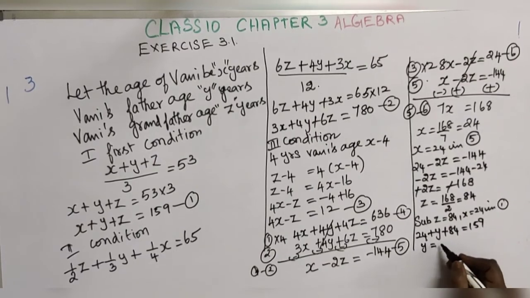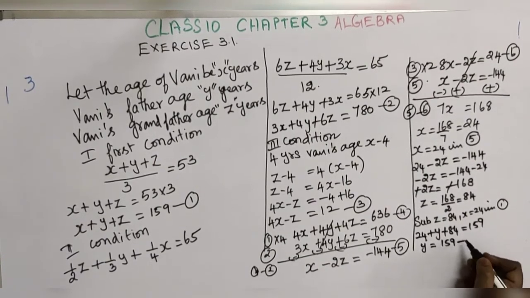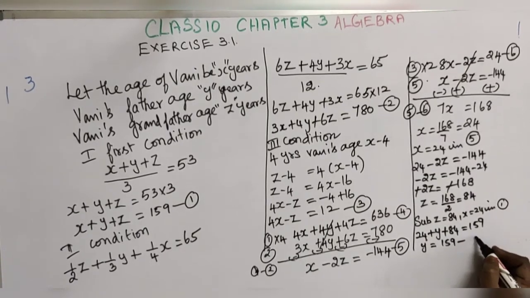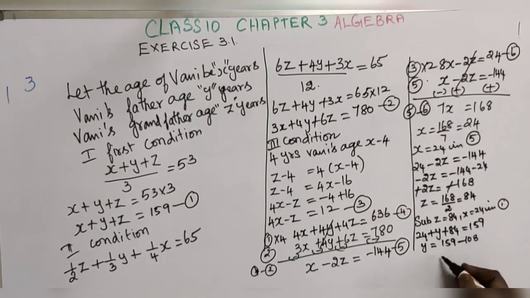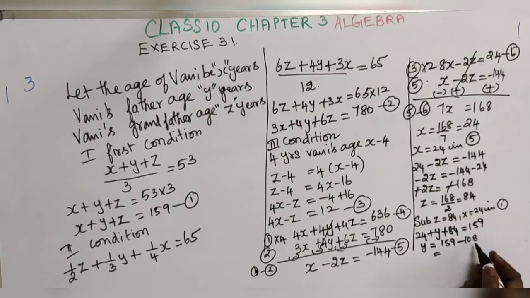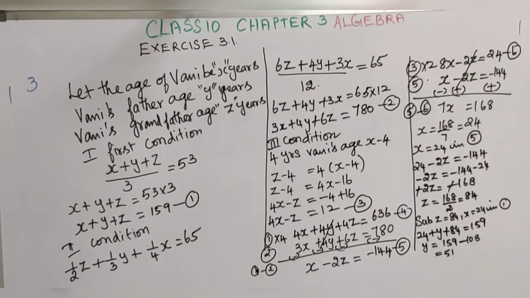So y equal to 159 minus, when we add 84 plus 24, 108. So 159 minus 108, 51. So we have got the age of Vani's father as 51.